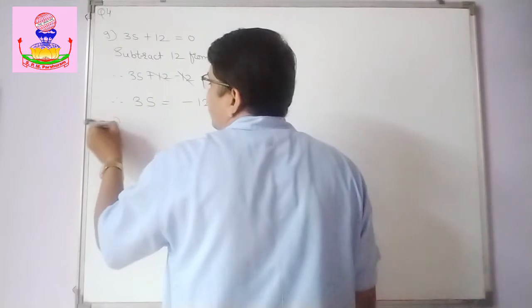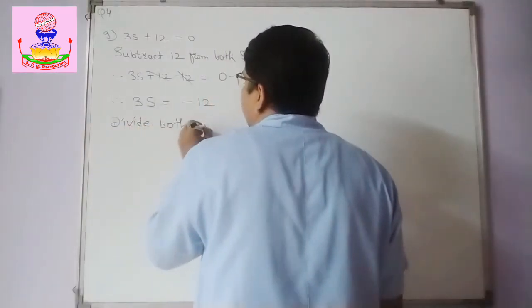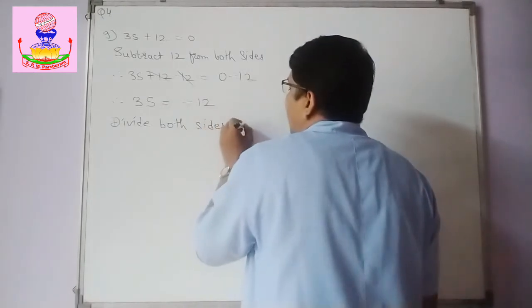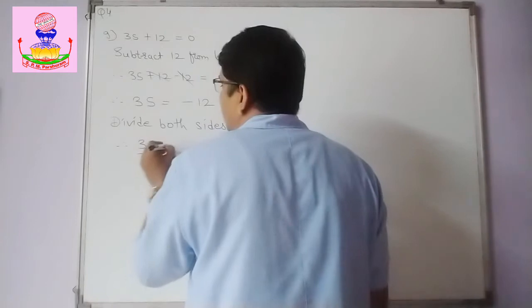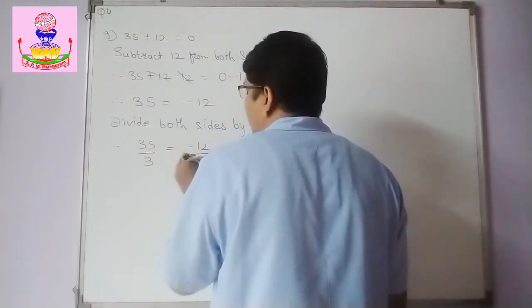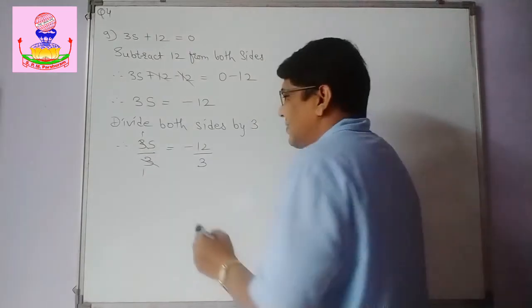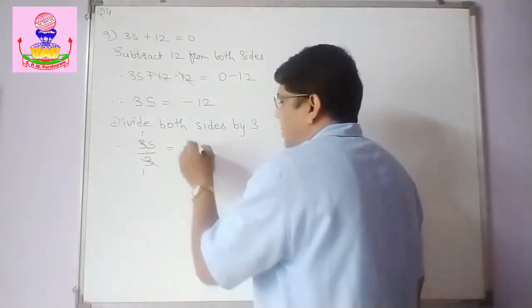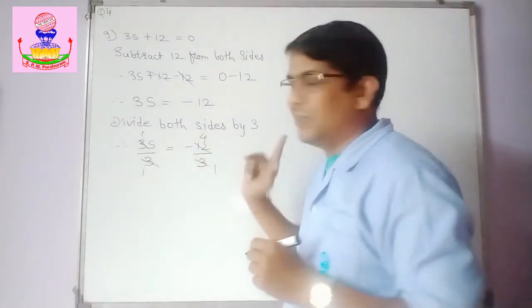Okay? So divide both sides by 3. So therefore 3s upon 3, that is equal to minus 12 upon 3. ओके तो देखिए यहाँ पे s रह गया, यहाँ पे 3 1 जा 3 4 जा, so minus 4.